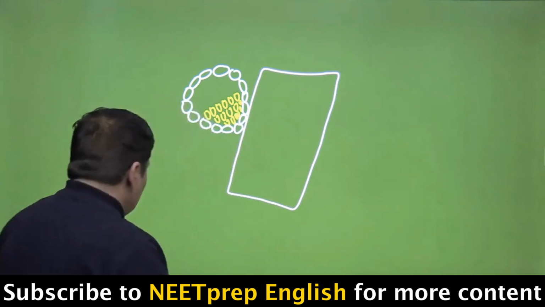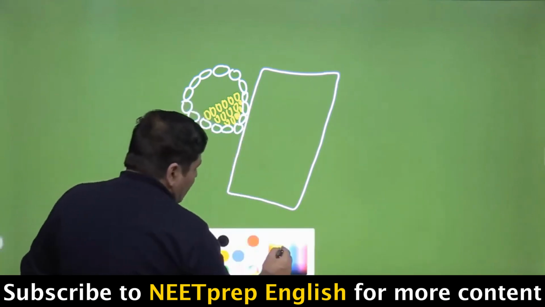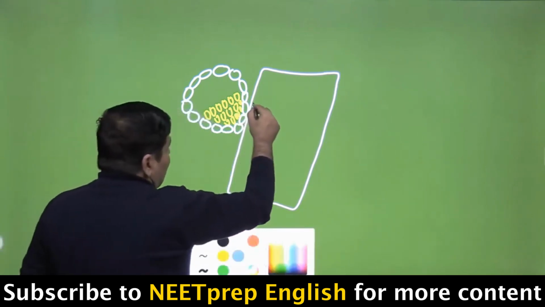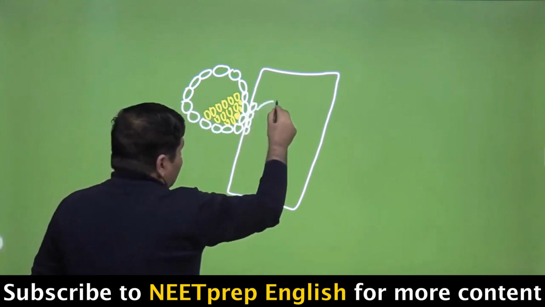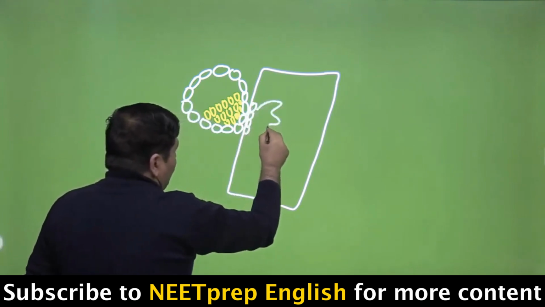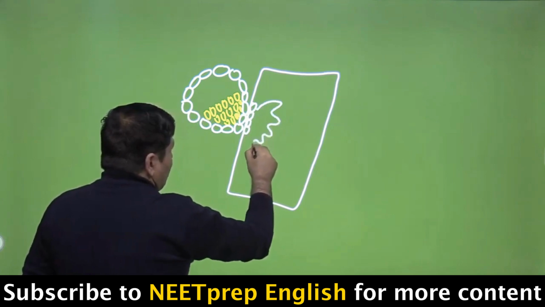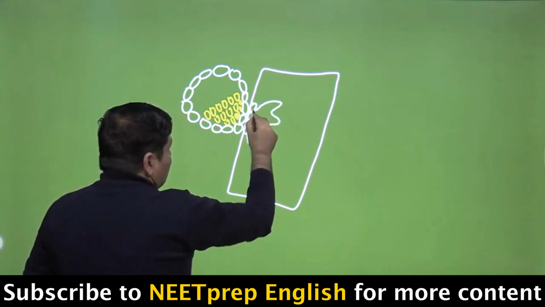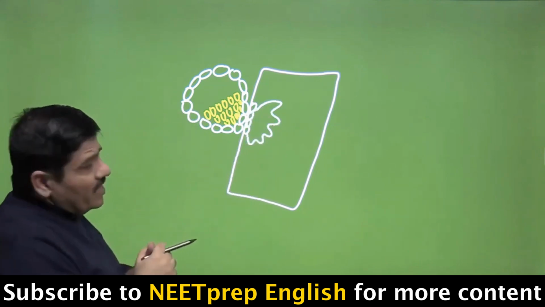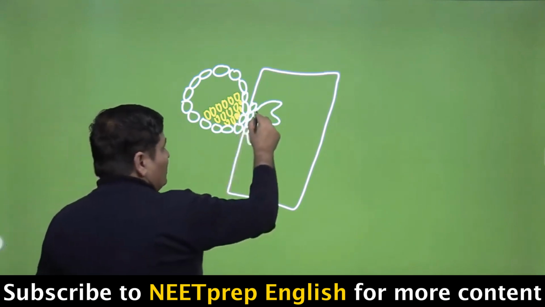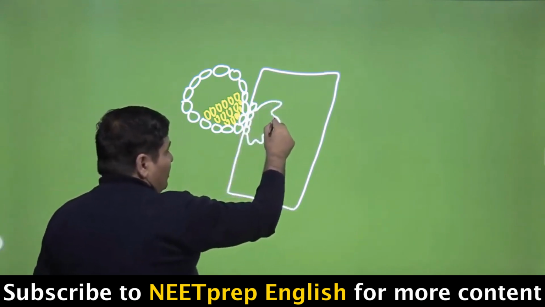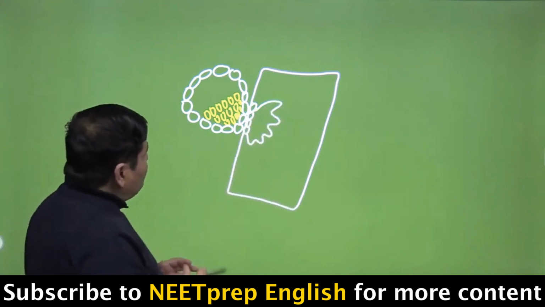And what happens is that these cells invade into the uterine endometrium, and some of them become syncytial and form the chorion. So they fuse with each other, they become syncytial. You know, a multinucleate condition is called syncytium, and this is an extra embryonic membrane. This extra embryonic membrane is called the chorion.